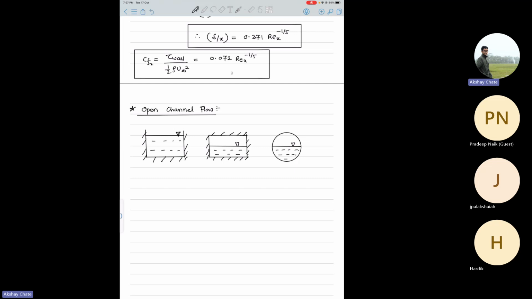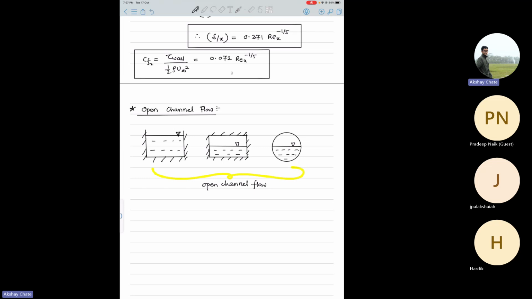So all these examples are nothing but open channel flow examples. I just wanted to clarify this right off the bat because some students may have confusion there, at least some students like me.